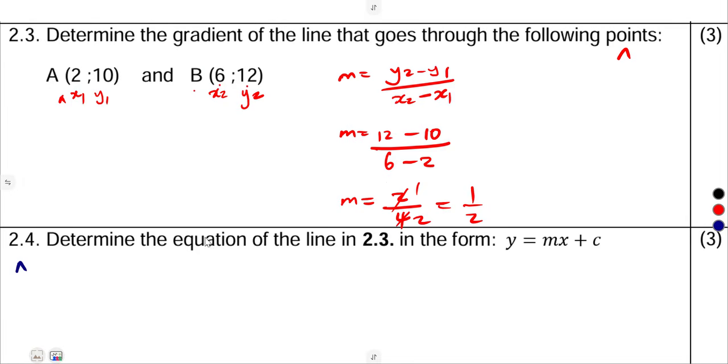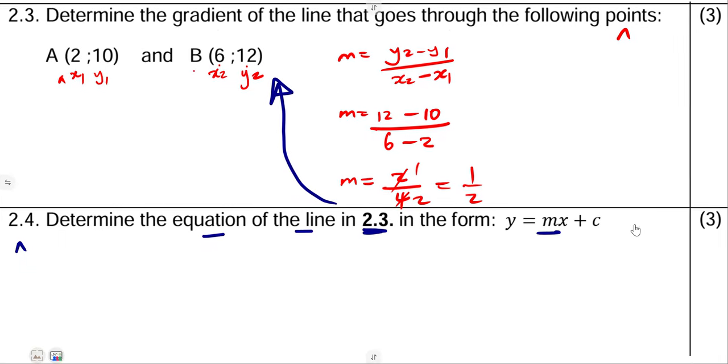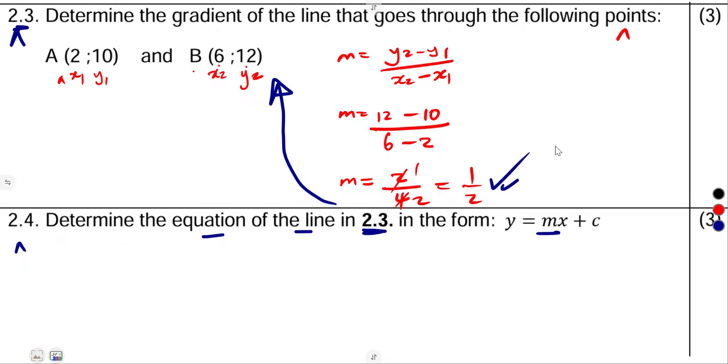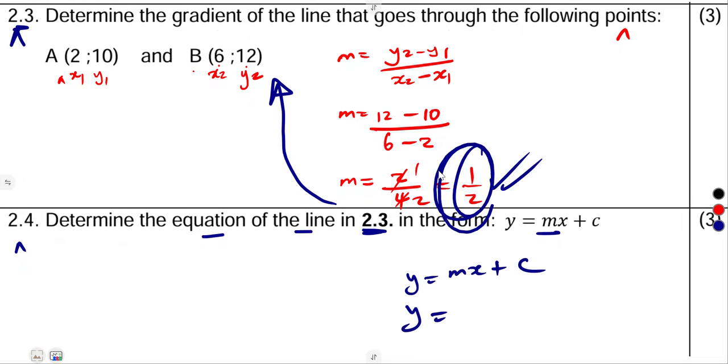On 2.4, determine the equation of the line in 2.3, this one. In this form, y is equal to mx plus c. Remember from 2.3, here we have the gradient already. Y is equal to mx plus c, where our gradient m is 1 over 2.